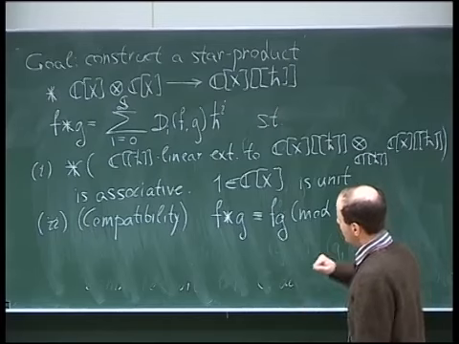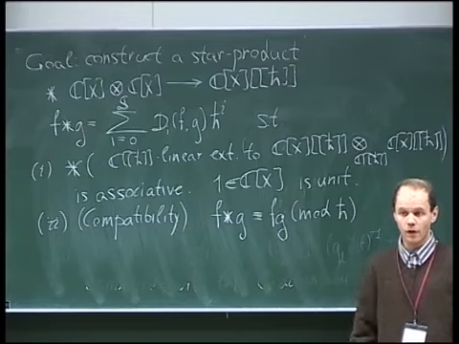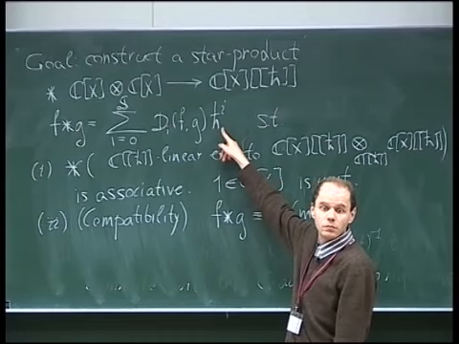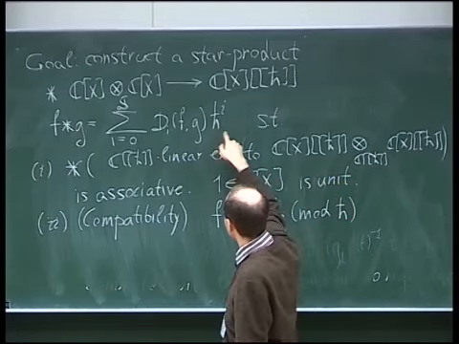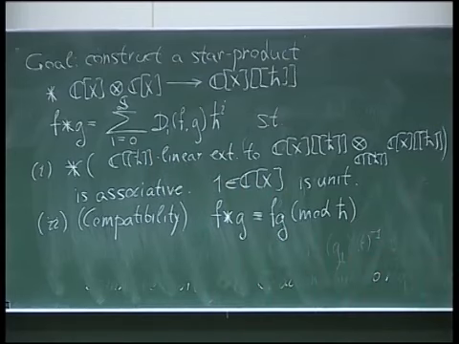So in a sense, this star product is a deformation of our usual commutative product. The right way to think about it is just a deformation parameterized by h bar. But the only point is that this series is not necessarily convergent, so we want to make this formal.